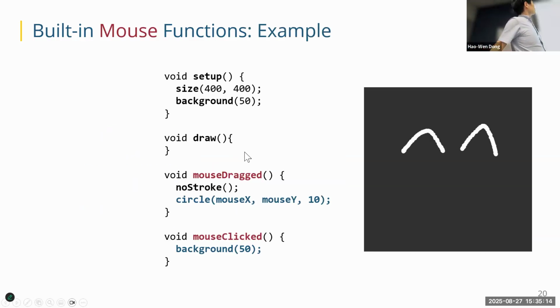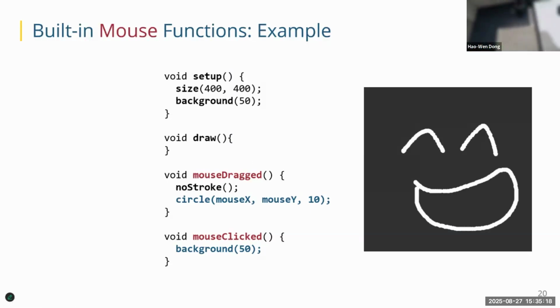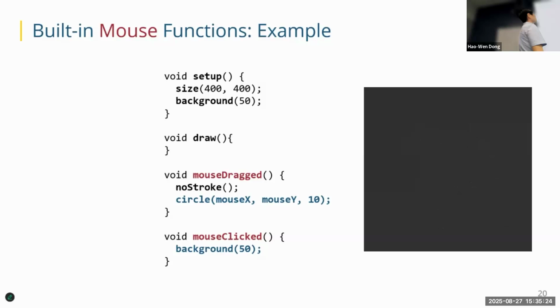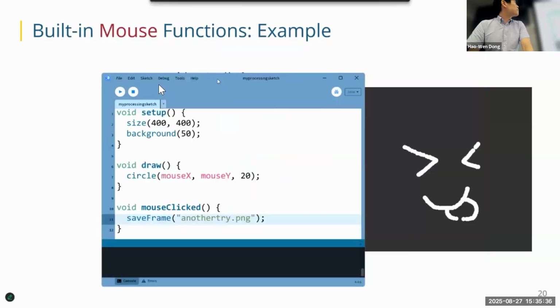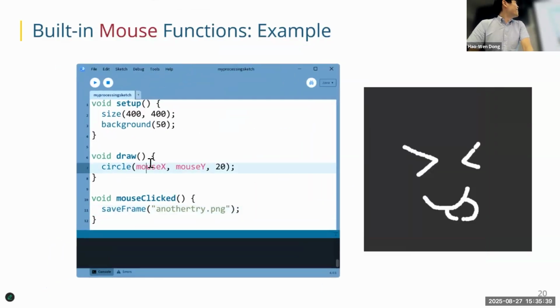So well, now we can try to get this example. So you can basically create a pen program just by doing this. So what we want to do is that, when you do mouse drag, you can draw something and then you click it, it will clear everything. Let's try to do it. Cool.